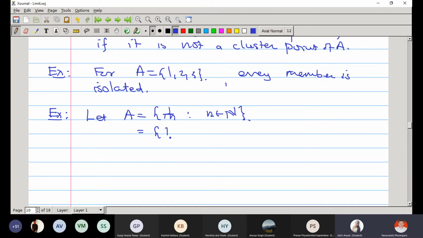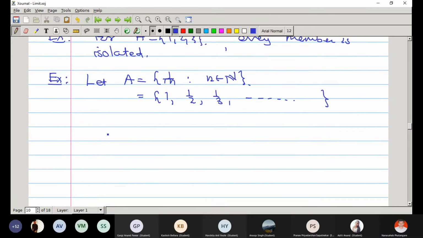So what are the members? 1, 1 by 2, 1 by 3 and so on. These are members. Right. So if you look at these members, what is my first member? 1. What is my second member? Half. Right. What is my third member?